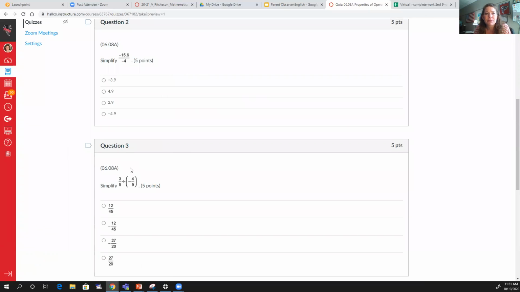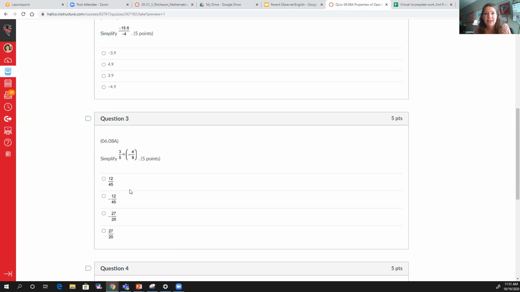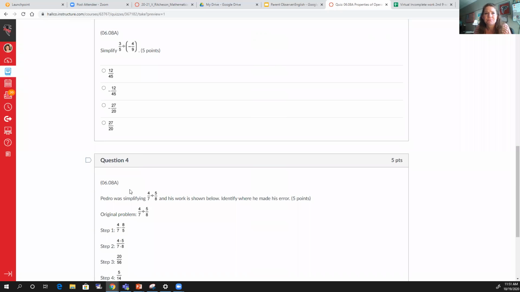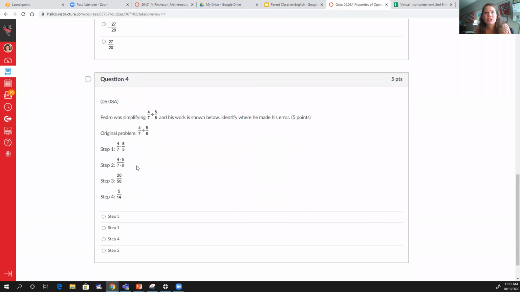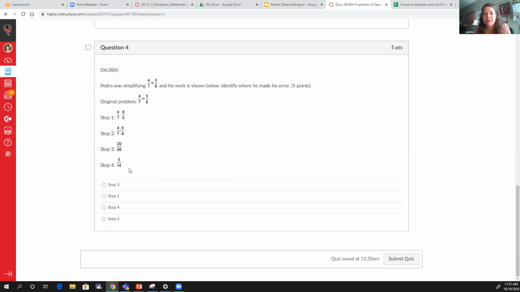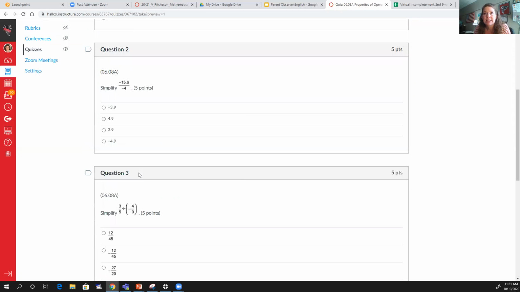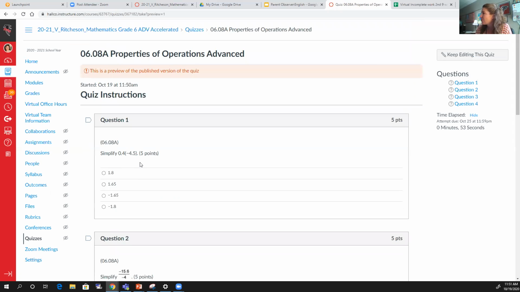Same thing, number 3, when you divide two numbers that have different signs, so positive 3/5 divided by negative 4/9 is a negative answer. And then you're gonna look at Pedro's math work and decide which step he messed up on, okay? So there's literally 4 little questions for Friday, okay?